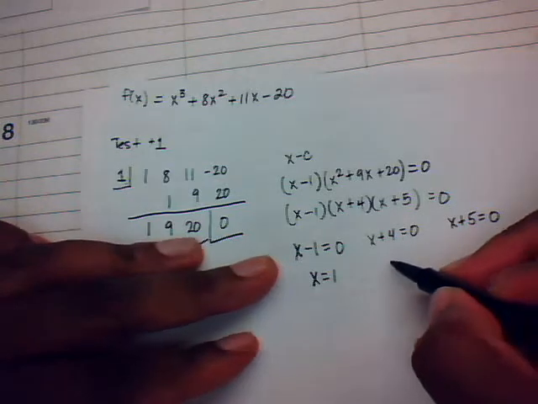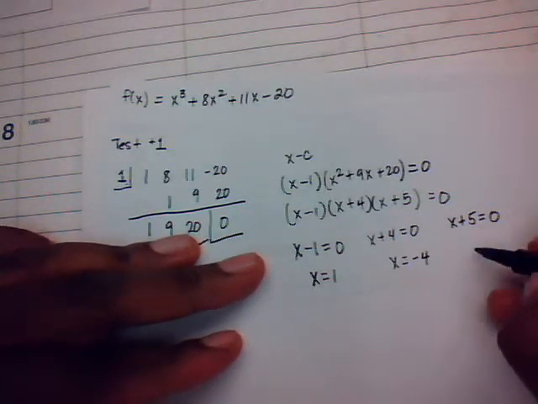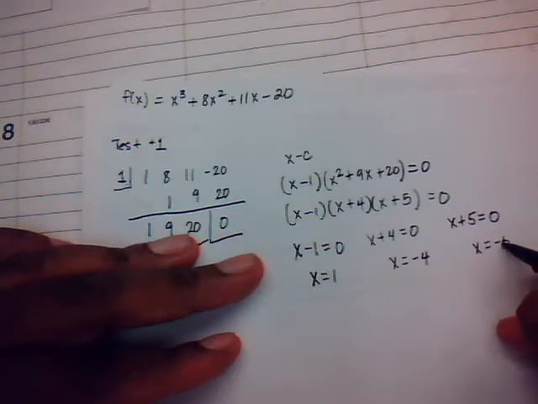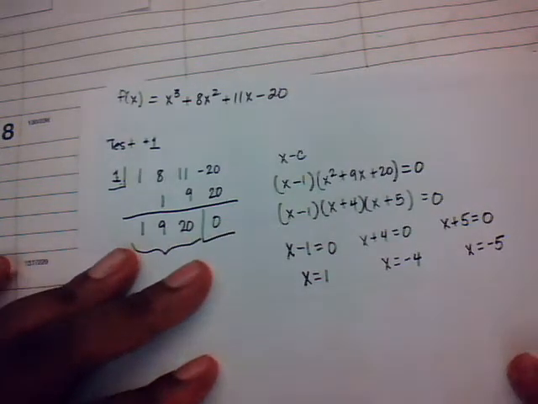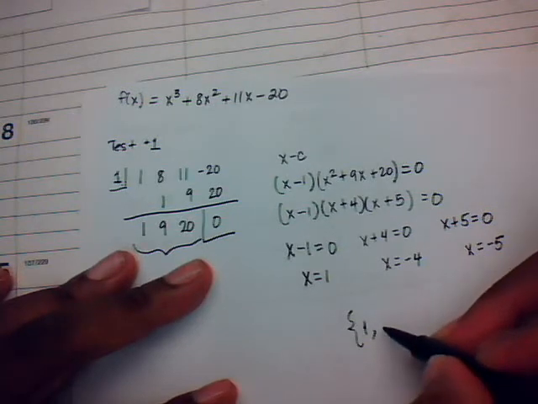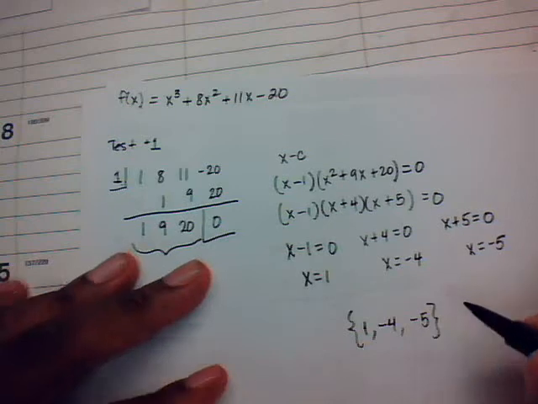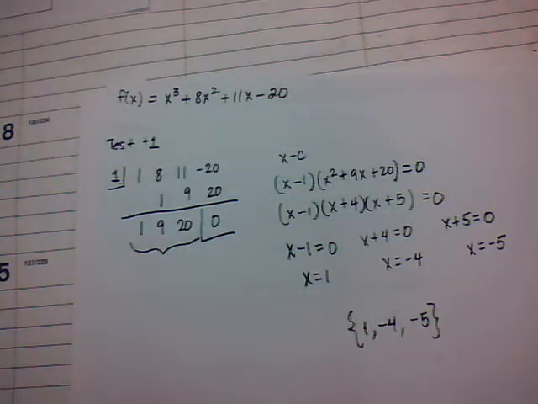For x plus 4 is equal to 0, that means x is equal to negative 4. And for x plus 5 is equal to 0, that means x is equal to negative 5.